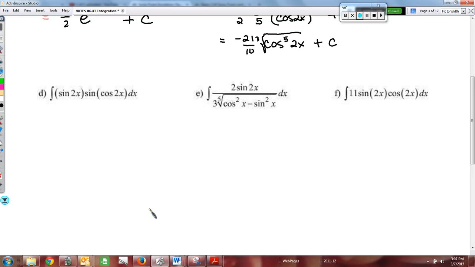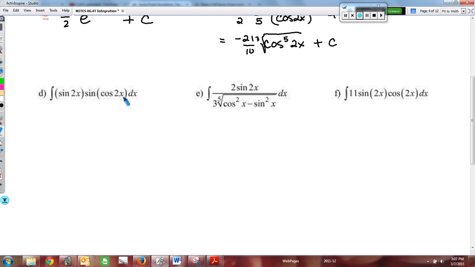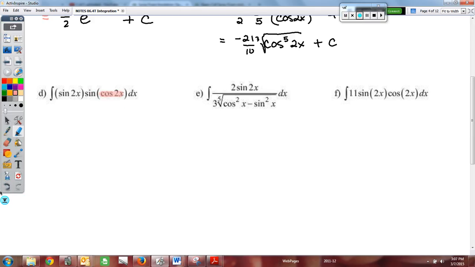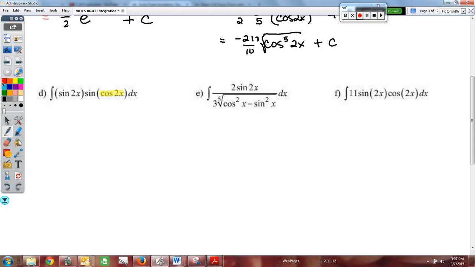All right, let's take a look here. Again, what you need to recognize is you've got sine of 2x, sine of cosine of 2x. The inside function, let's keep with my color scheme, is this part right here. So it's the same inside function that we had before. And again, hopefully you can see that we're really close.